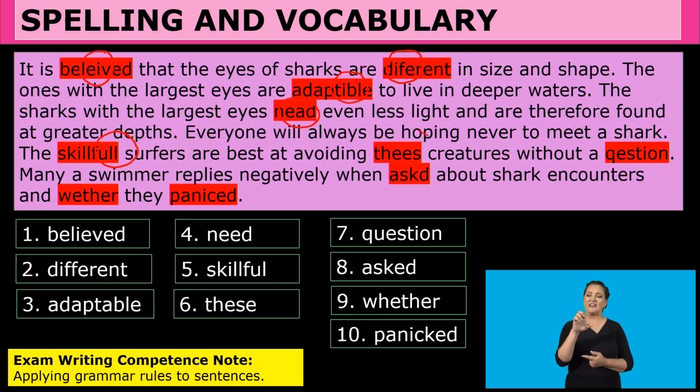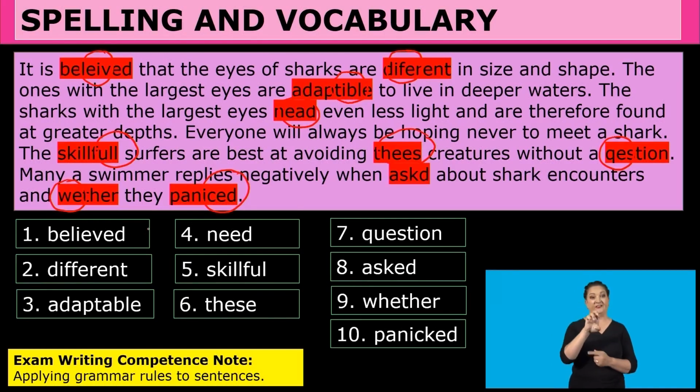Look at these, all right? And question, remember your rule there, we need the U after the Q, okay? Whether, remember this is our silent letters, needs to fall in there, and the word panic needs the letter K to follow afterwards. So there we have the corrections, all right?